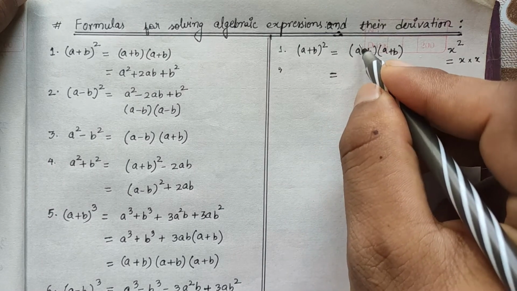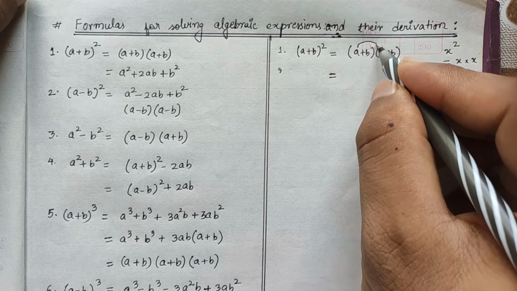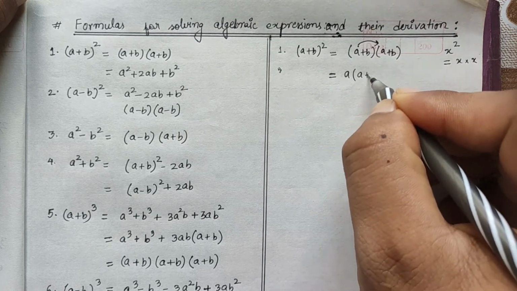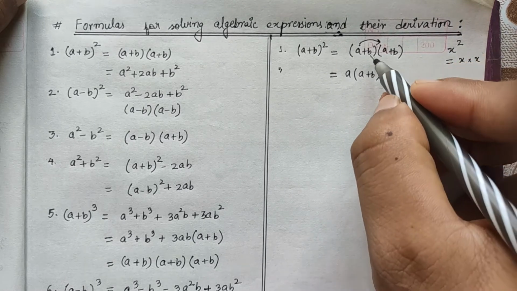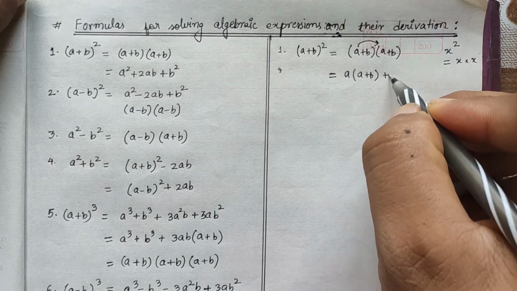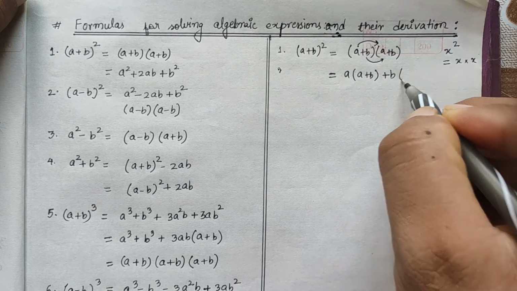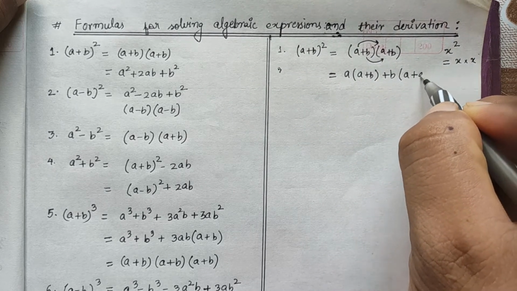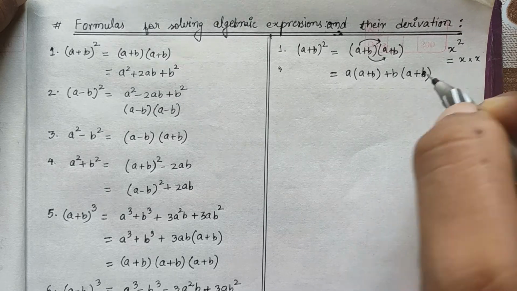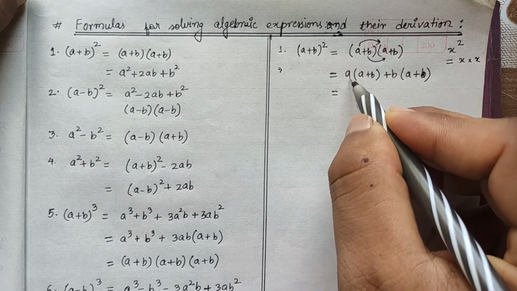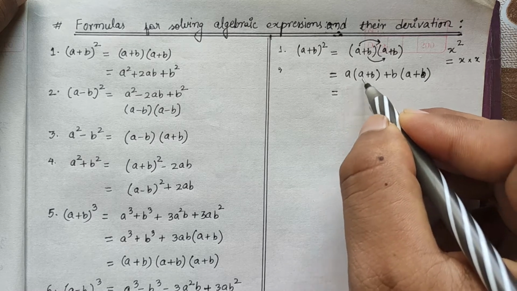Now we are going to multiply this a with this whole term, so a times a plus b, and with plus b again we are going to multiply this whole, so b times a plus b. Okay, so now open the brackets, we will multiply this a inside the brackets.